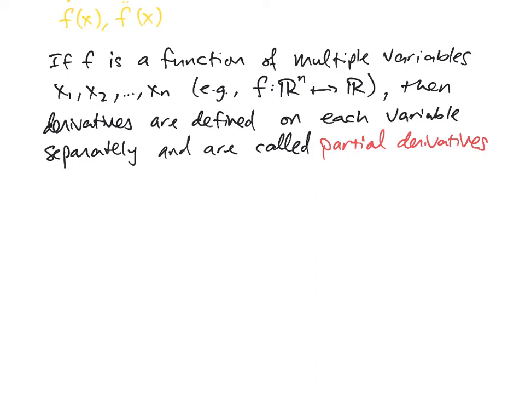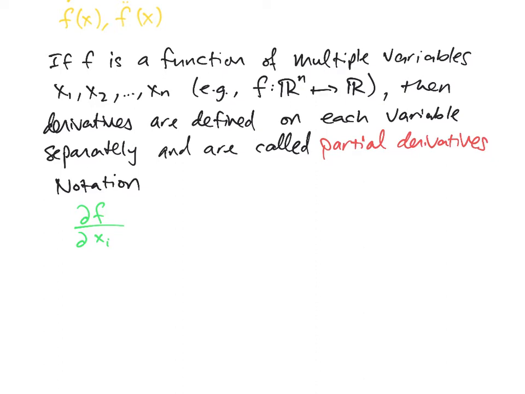So here is our notation, and there are a few different ways you can do it. The formal way: instead of the lowercase d that I was using before, we have to use these partial derivative d's. So we have our fancy d. This says that we're taking a partial derivative of f, and that partial derivative is with respect to the variable xi, one of the x's.